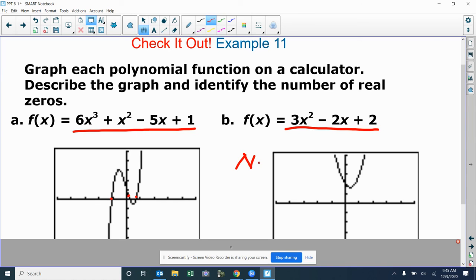None. Okay, no real roots. And that's how you determine that. Does that make sense to everybody? So the degree tells you the possible roots. You need to graph it. How many times does it cross the x-axis? Those are real roots. So letter B has 2 roots still, but they are imaginary roots. When we would put that in a quadratic, we would get a negative square root, and we have i involved. We've been solving those. You did it in chapter 5, didn't you?